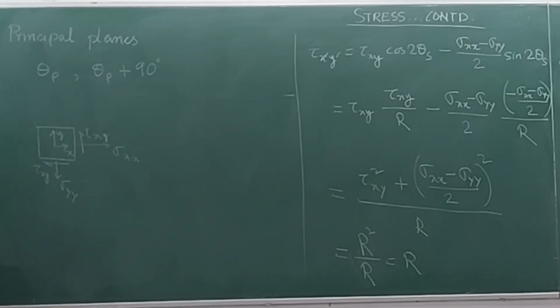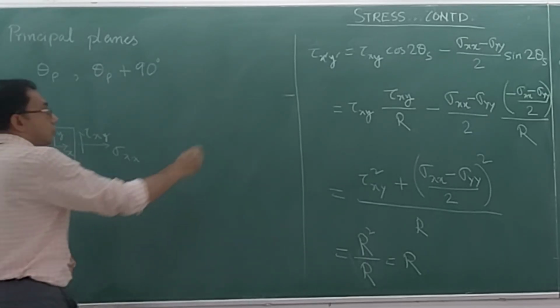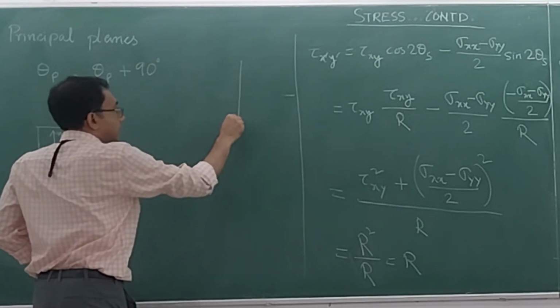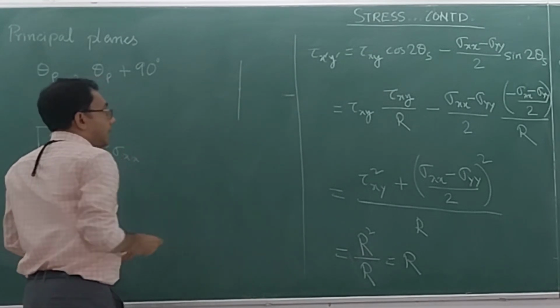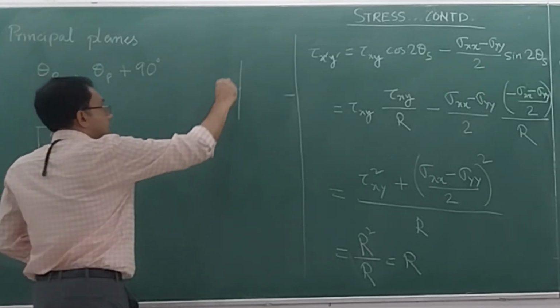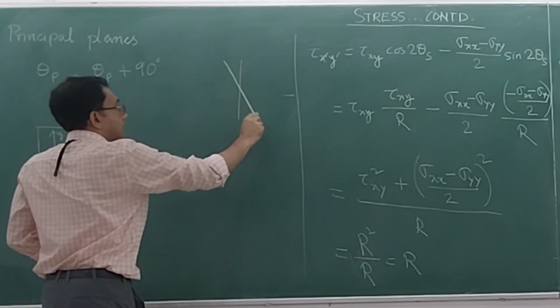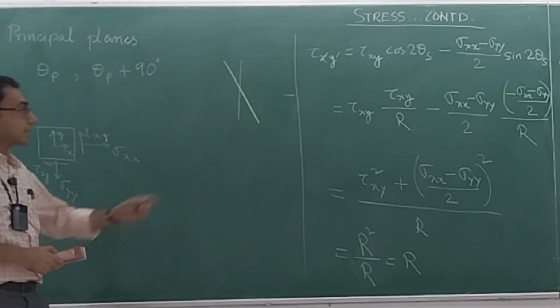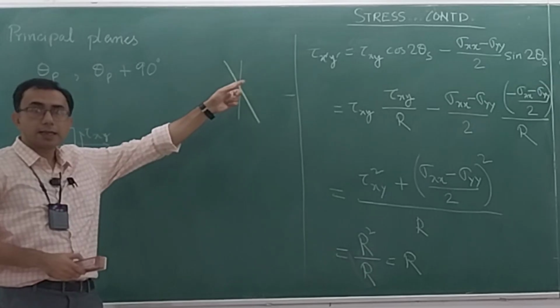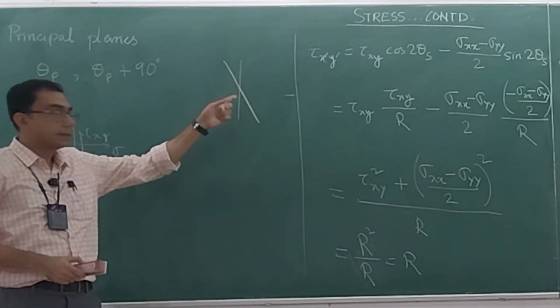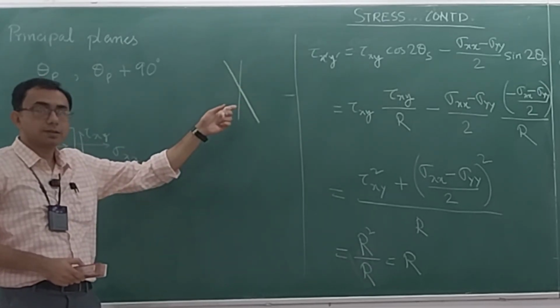Yesterday, when we were talking in terms of traction, we considered this, right? This was the plane to begin with, this was the point. And we took an arbitrary cutting plane like this. On this plane, if the traction vector turns out to be oriented along the unit outward normal, then that yellow colored plane is what we call the principal plane.